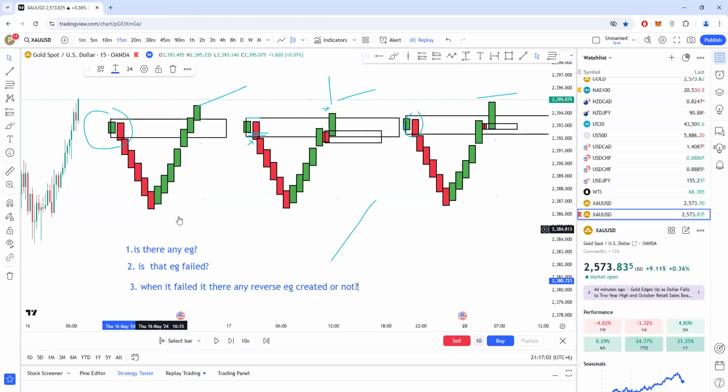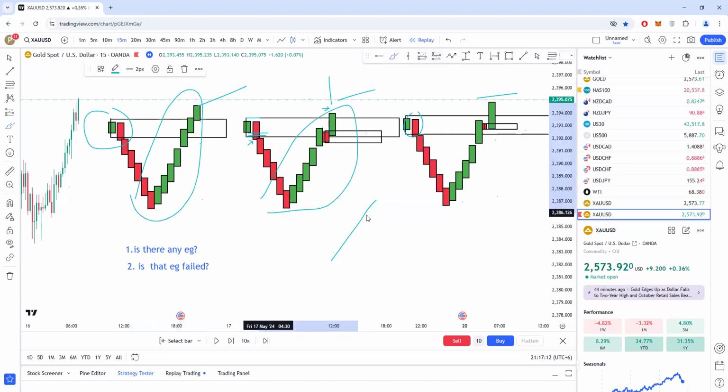Yes, sir. So we have scenario 1, scenario 2, scenario 3. My question is, for this whole particular leg, and this whole particular leg, when the failing is done, do we have any engulfing buy on scenario number 1? No, sir. Only scenarios 2 and 3.